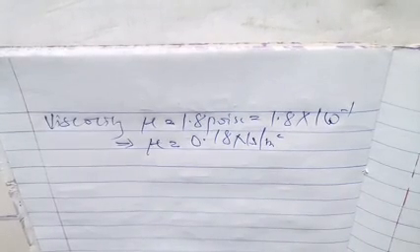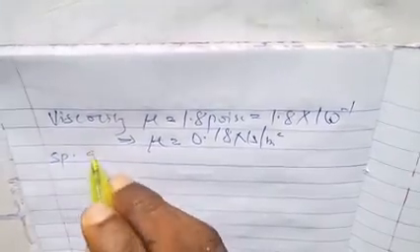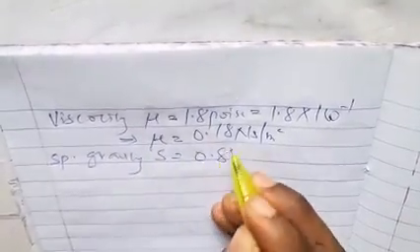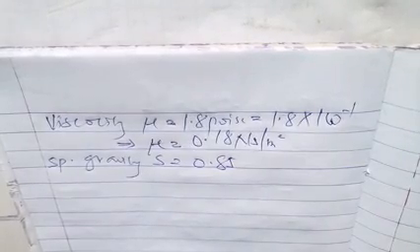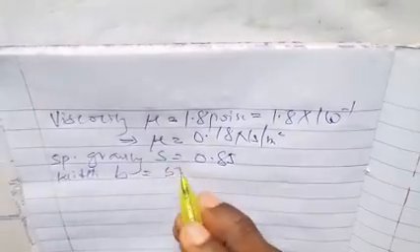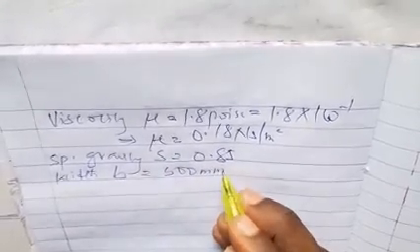All right, next parameter that was given to us is specific gravity. Specific gravity S was given to us as 0.85. The oil has a horizontal parallel crack in its end wall, which is 500 millimeters wide. So width was given to us. The width B is equal to 500 millimeters. Convert this to meters by dividing by 1000.